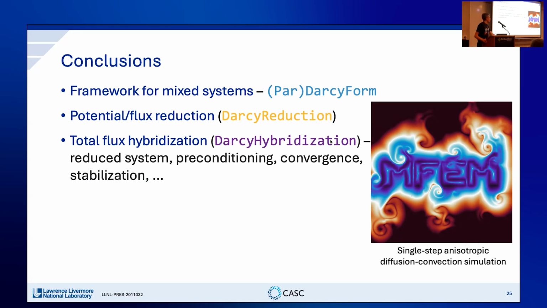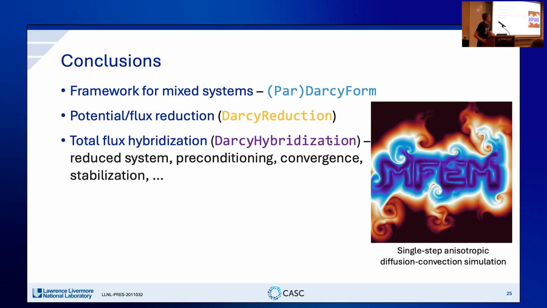So what you can do with that is, for example, something like on the right or here. So that's a single step anisotropic diffusion convection simulation, which by many times exceeds the CFL condition, but it's fully stable, so why not?